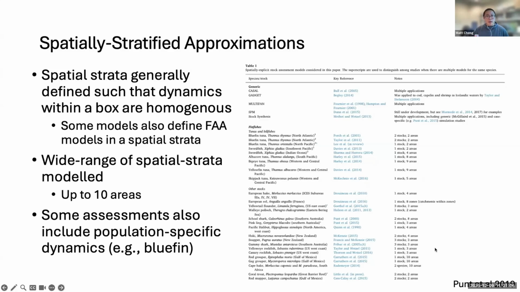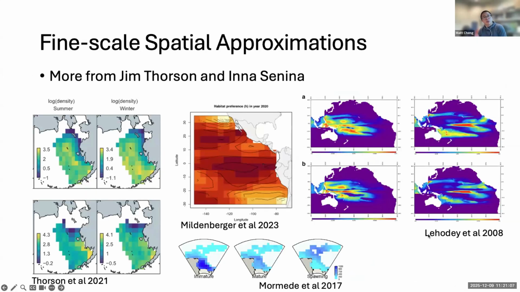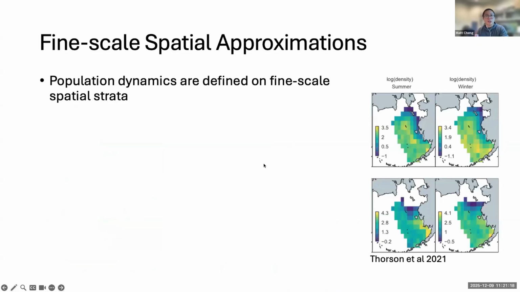The other way we can approximate spatial structure, more recently at least, is fine scale spatial approximations. I'll touch briefly on this, but essentially population dynamics are defined on really fine spatial strata, ranging from about 50 to 200 small strata.